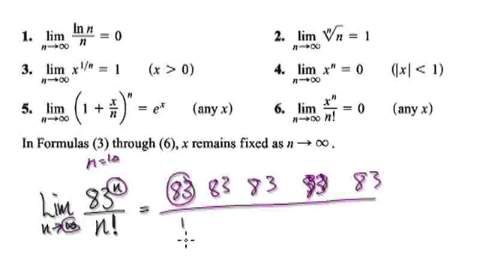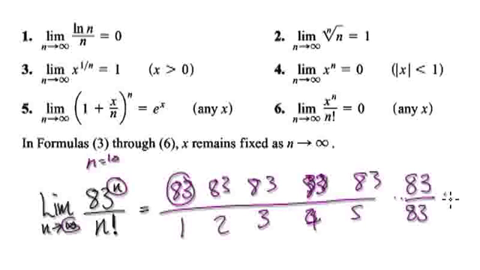It's going to be 1 times 2 times 3 times 4 times 5, and so on. There will come a point when you will reach 83, and then times 83 over 84, and so on.